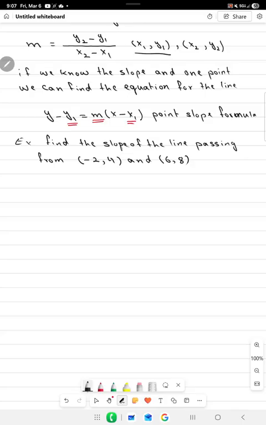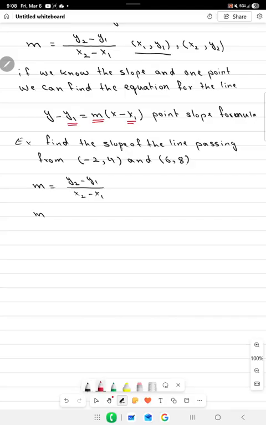They're asking you to find the slope of the line. 2 points are given to you. Copy your slope formula. M equals y2 minus y1 over x2 minus x1.